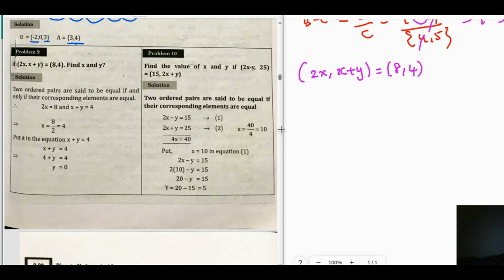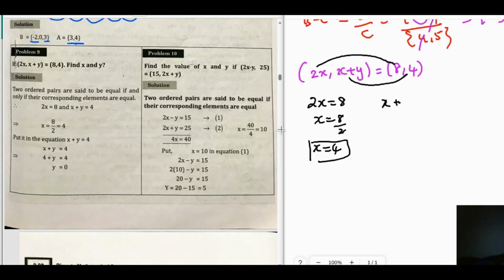Since they are having the same elements, we can compare them. 2x is equal to 8, so x will be 8 by 2, so x value will be 4. Then if you take the second element, x plus y is equal to 4. We have x value as 4. 4 plus y is equal to 4. So plus 4 goes other side, becomes minus 4. 4 minus 4, y will be 0.